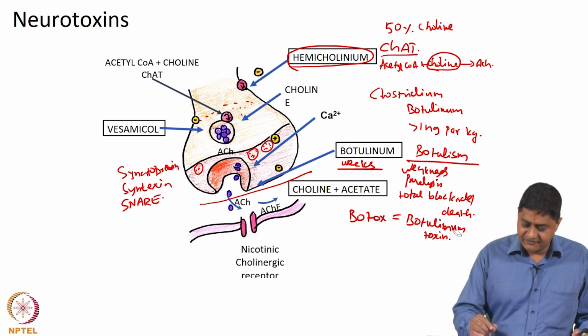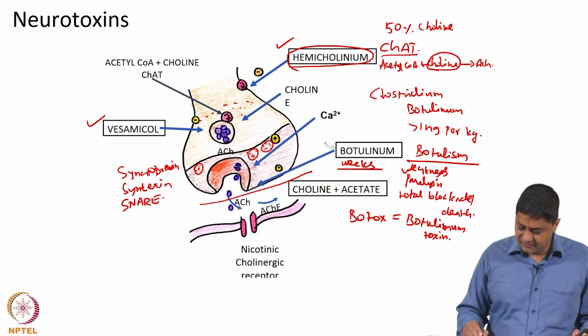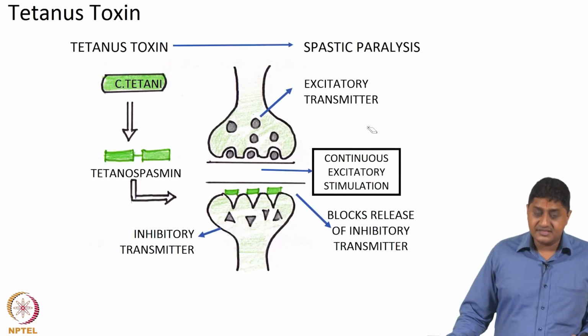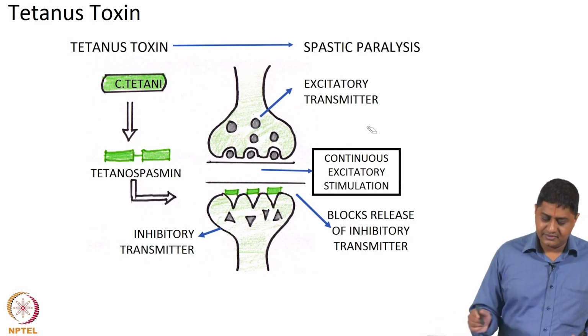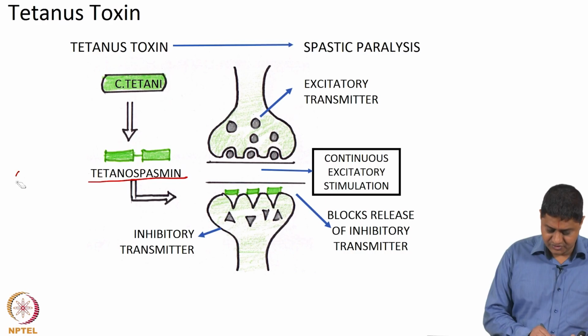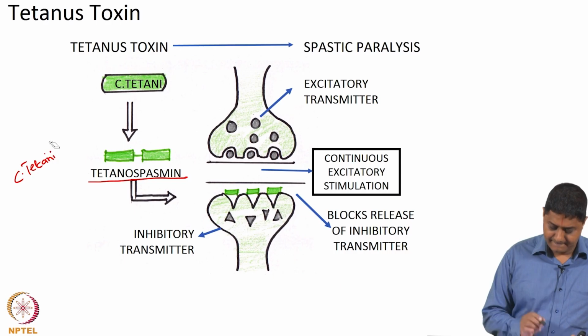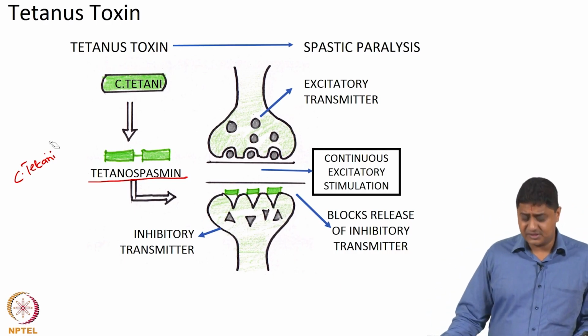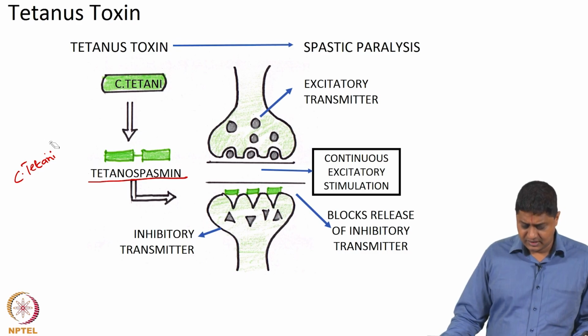Now, so far we have seen hemicholinium, we have seen vesamicol, we have seen botulinum toxin, and there are a few more. The other one is tetanus toxin. Tetanus toxin is tetanospasmin that is produced by the bacteria Clostridium tetani. This is one of the most potent toxins known.